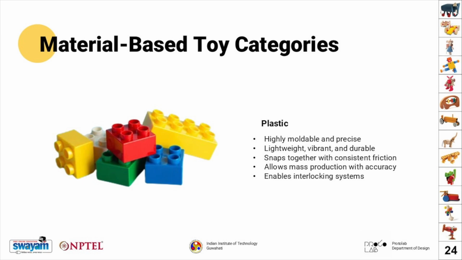ABS plastic can be molded at high precision, which gives Lego bricks their trademark click, a consistent, reliable connection that enables complex buildings. The colors are bright, the edges are clean, and the bricks can survive decades of play.